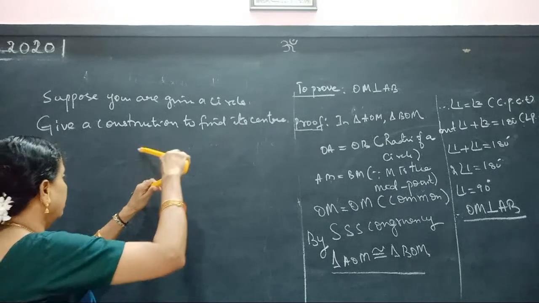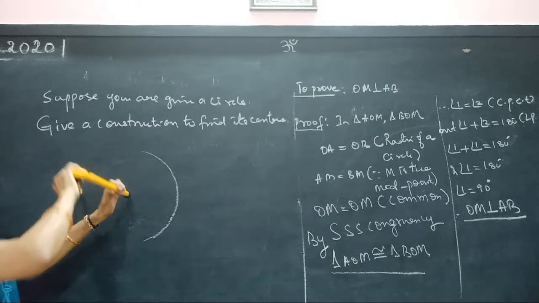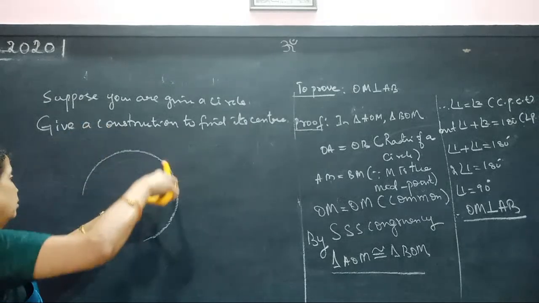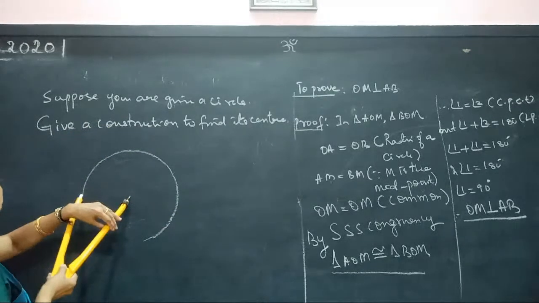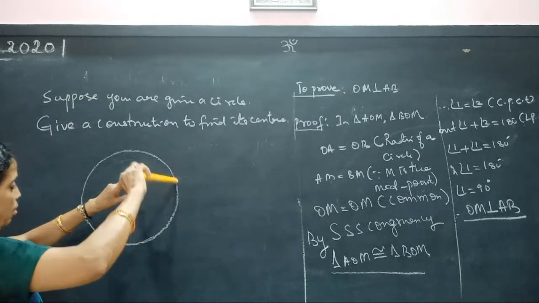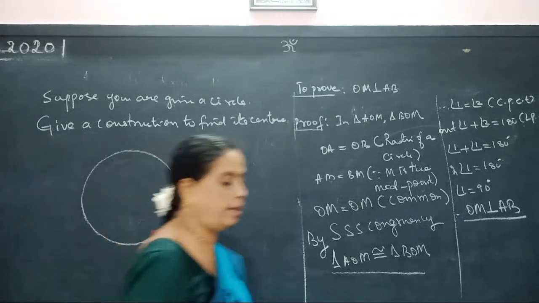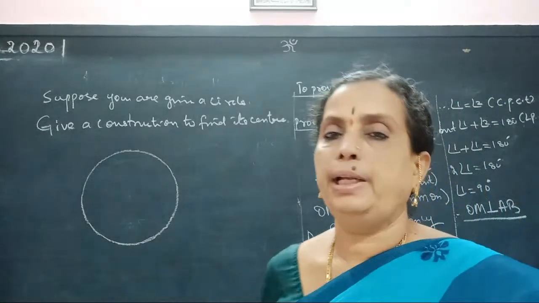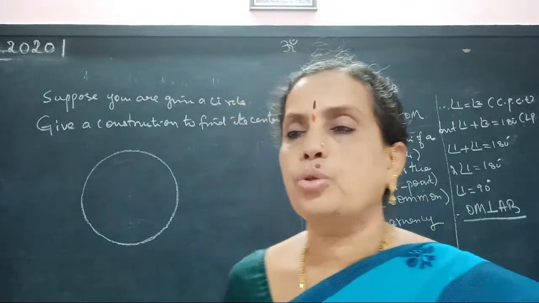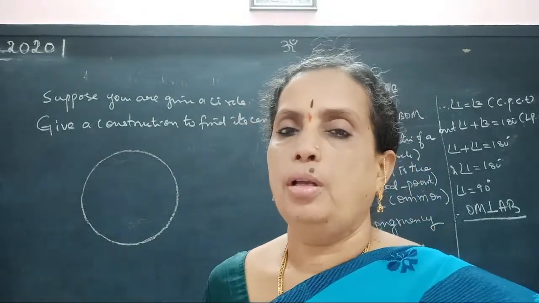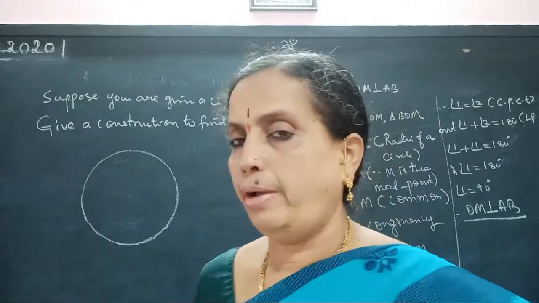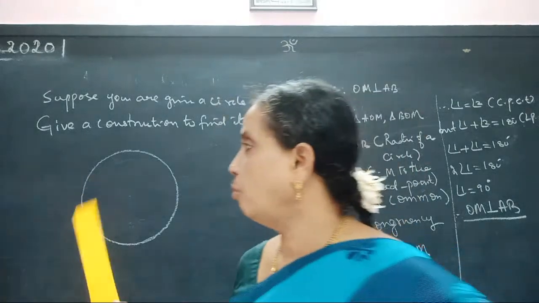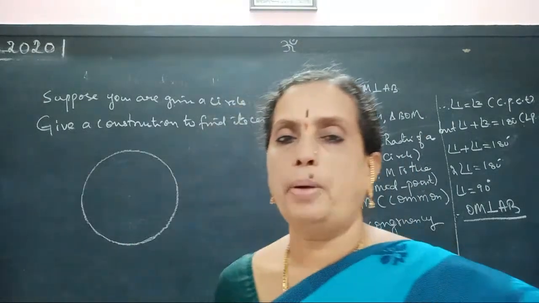Draw a circle of any dimension without using its center. That means you can use any circular objects. Otherwise, use your own geometrical compass.